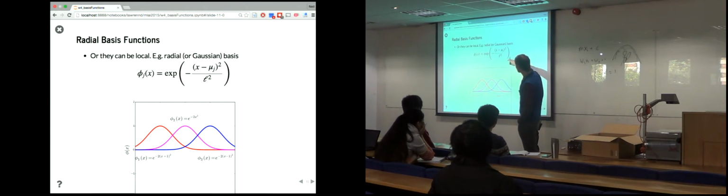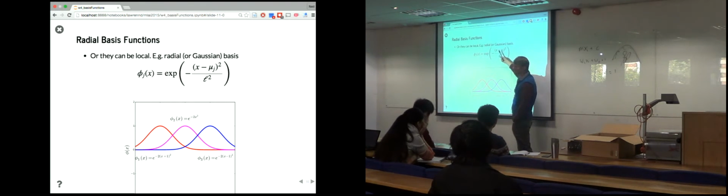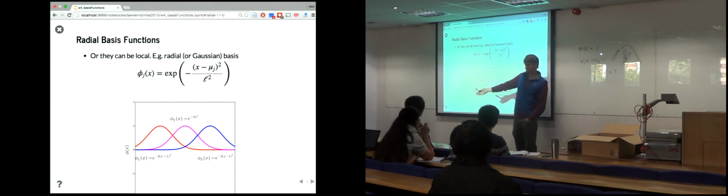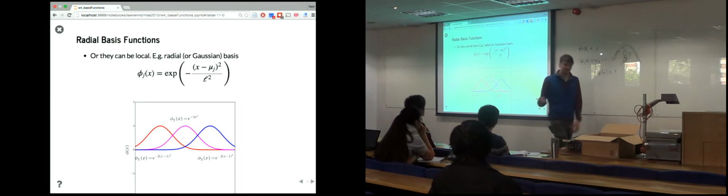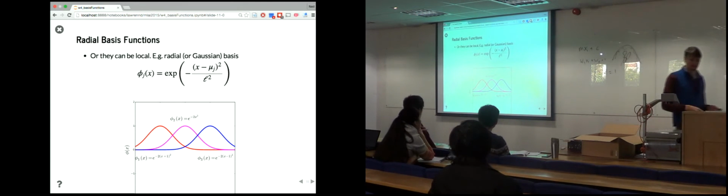X to the 0 is constant, x to the 1 is x, x squared is squared. So we can think of that degree of the polynomial as being a parameter. This actually has two parameters. It has one parameter that's basis function dependent, the center of where you're putting the basis, and one parameter that is global, how wide these functions should be.